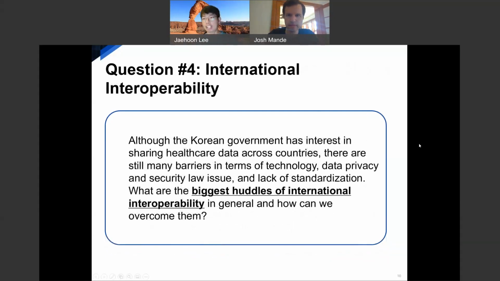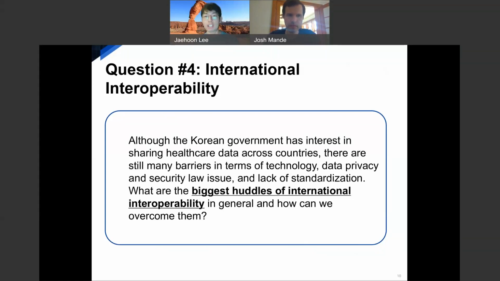International interoperability. So we have interest in sharing data across countries and even making systems interoperable across countries. But realistically, there are obviously many barriers.